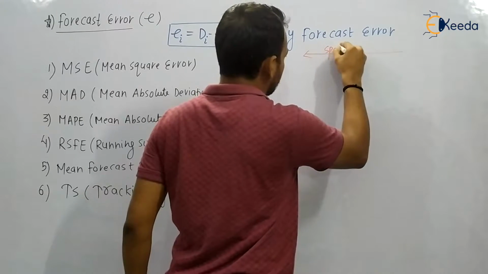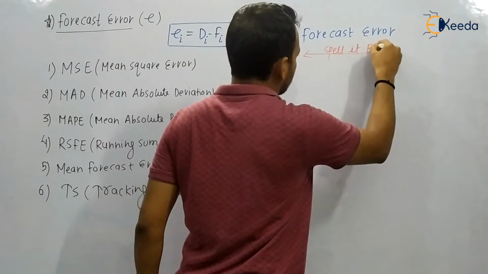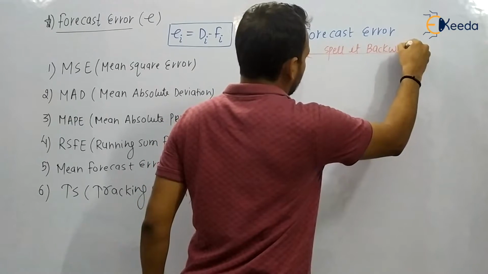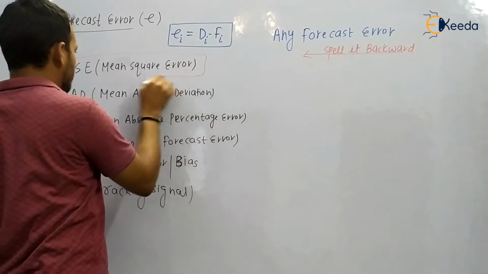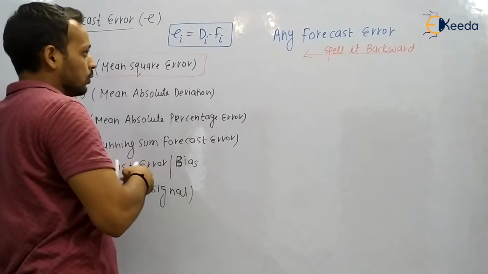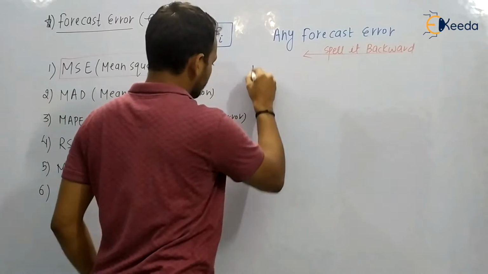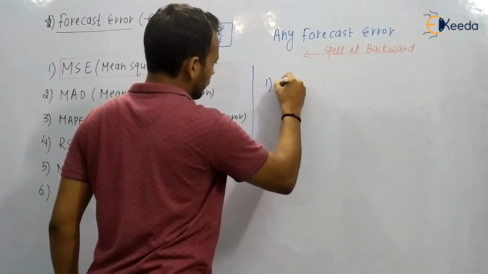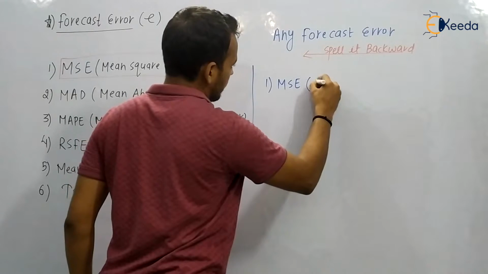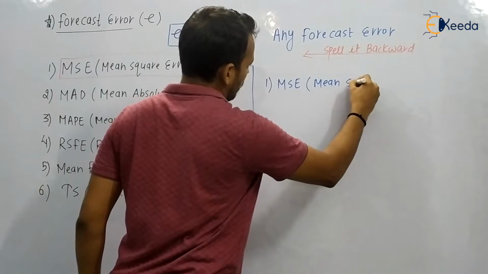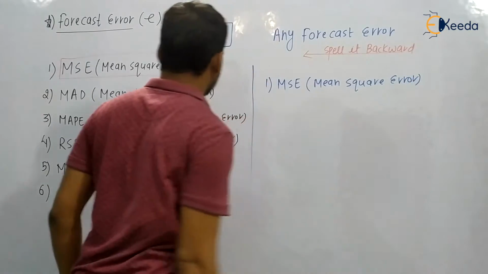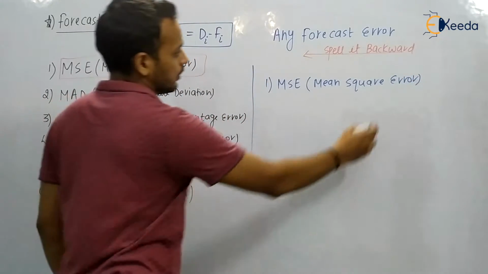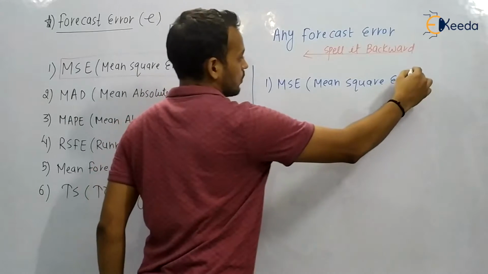Spell it backwards means, suppose you have to write the formula of MSE. MSE means mean square error. So spell it backward. The first word is error.